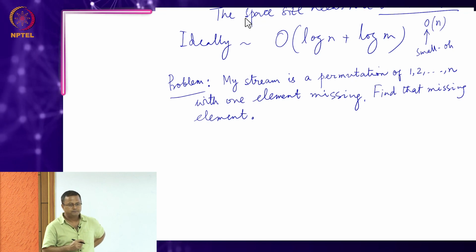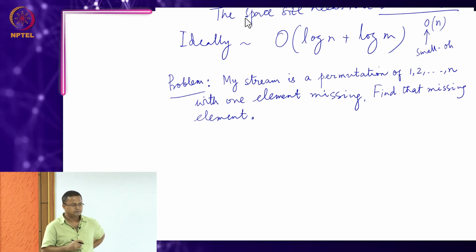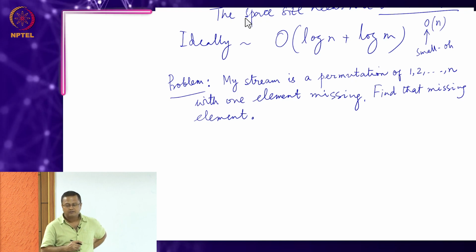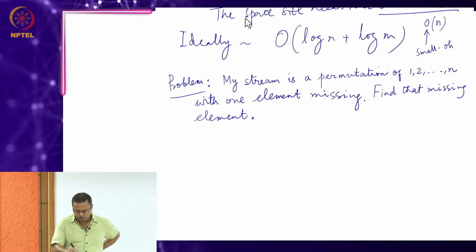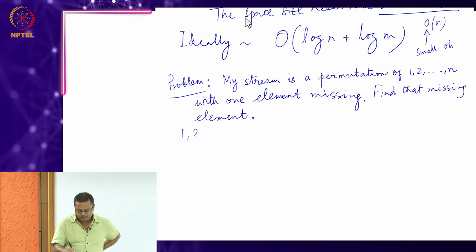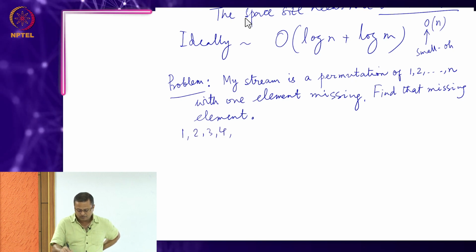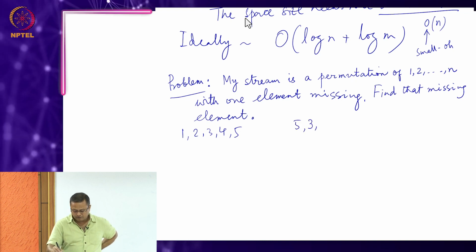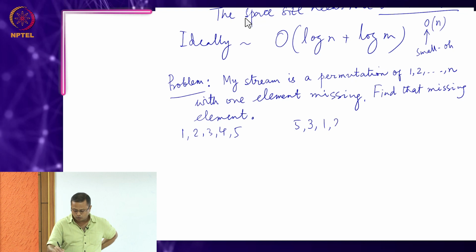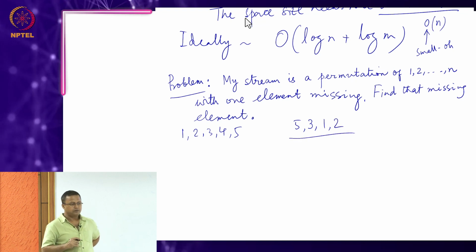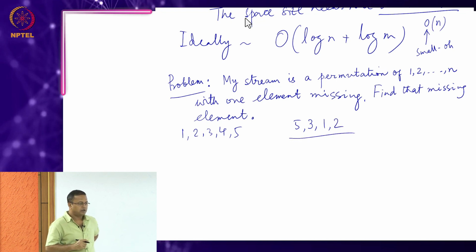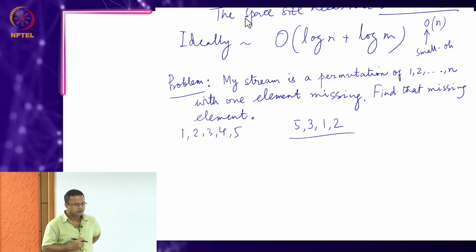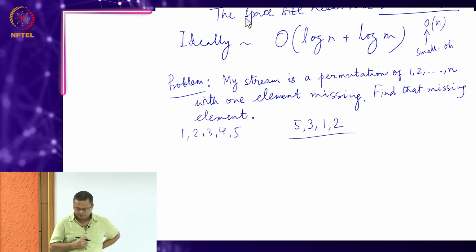You understand this problem? My input stream is, say for example, if I am looking at the numbers 1 to n, my input stream could be 5, 3, 1, 2. One element is missing, and you have to find that.